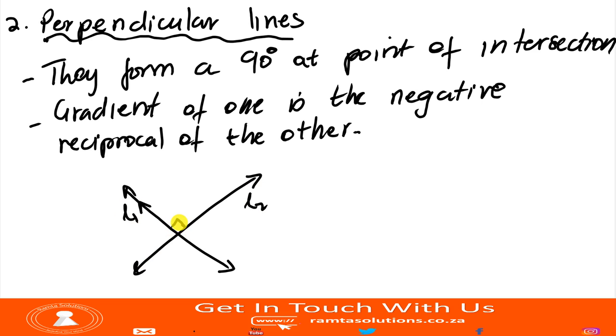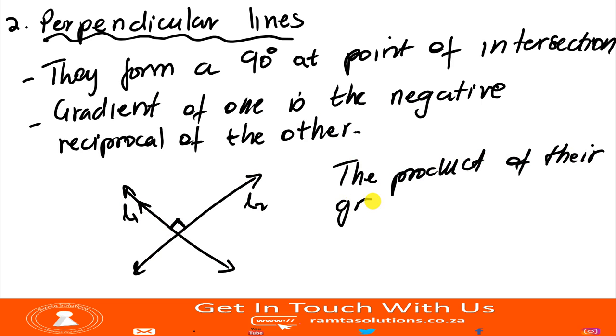So these are perpendicular. Now, if they are perpendicular, remember here we said the gradient of 1 is the negative reciprocal of the other. This therefore means the product of their gradients is negative 1. Okay, what does this mean?